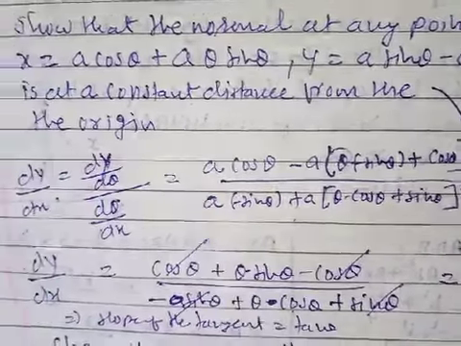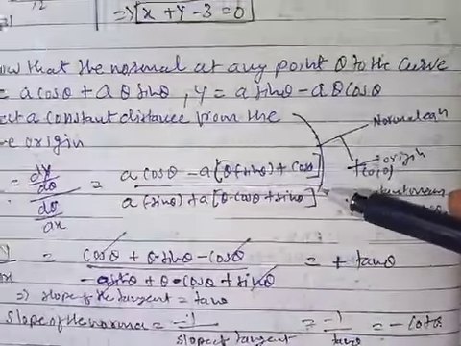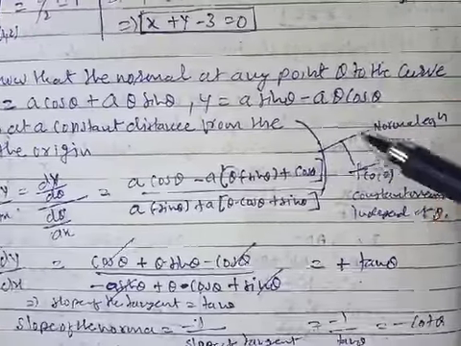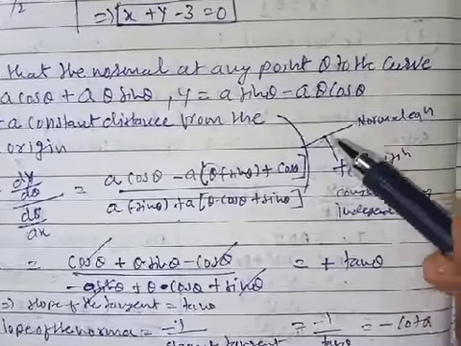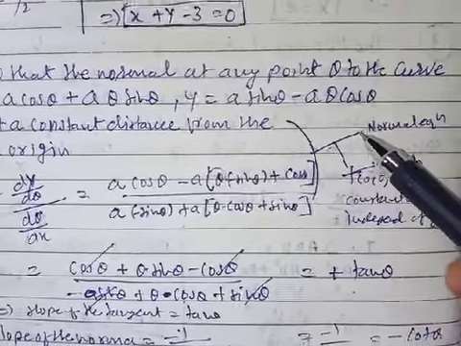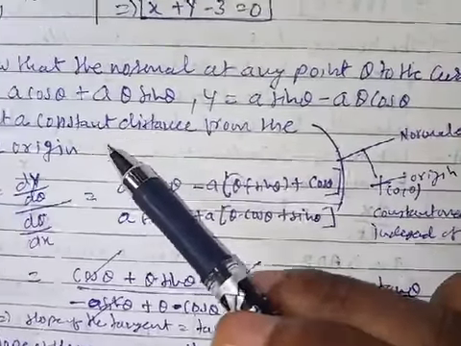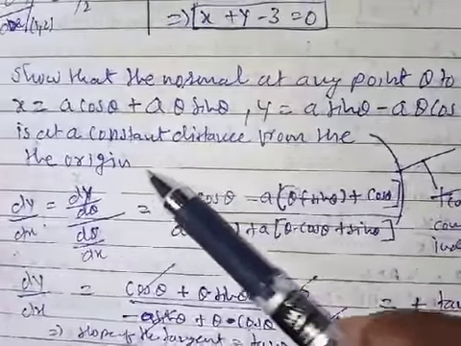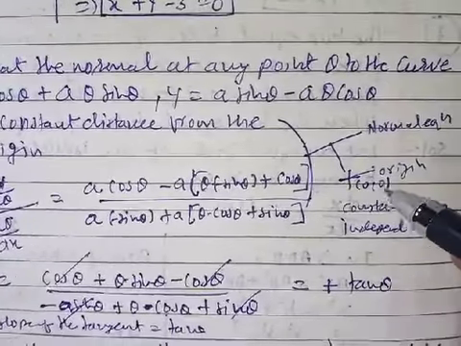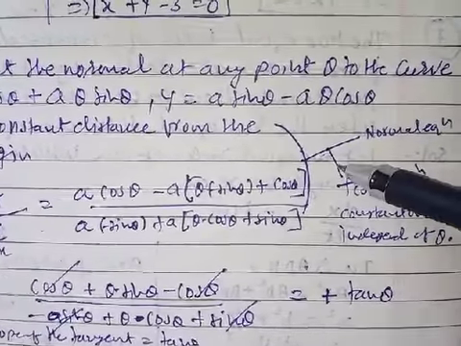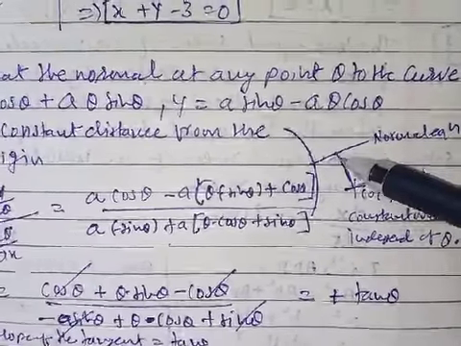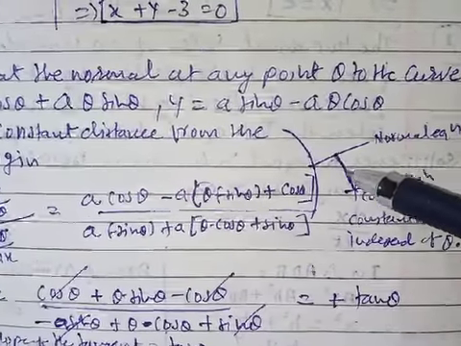Suppose this is the curve you drew. This is the equation of the normal, because it is perpendicular to the curve, and this is the origin. It is at a constant distance from the origin. The origin is (0, 0). So this distance d you have to find.